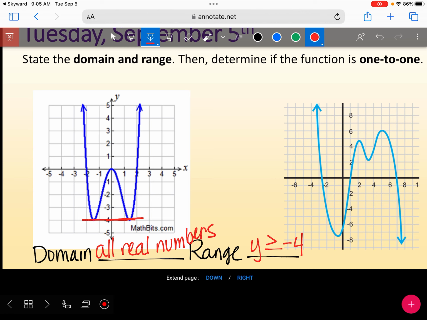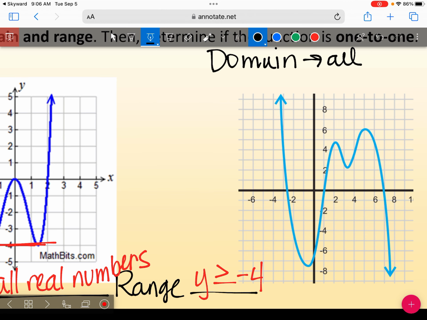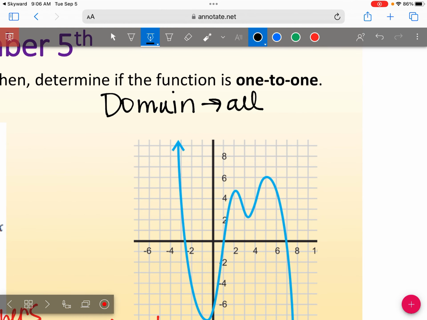The second graph has a domain of all real numbers and a range of all real numbers. Your domain is all real numbers, and your range is also all real numbers.